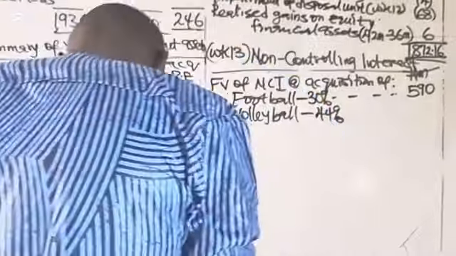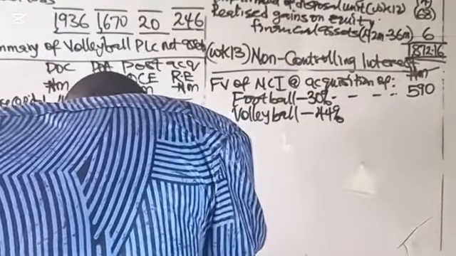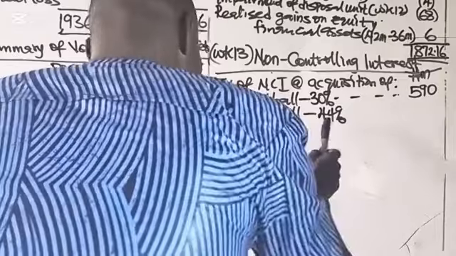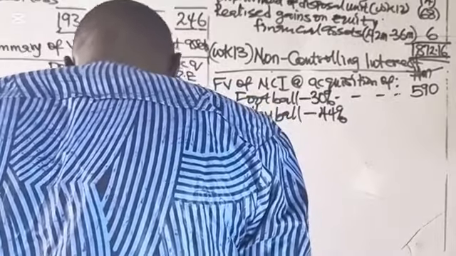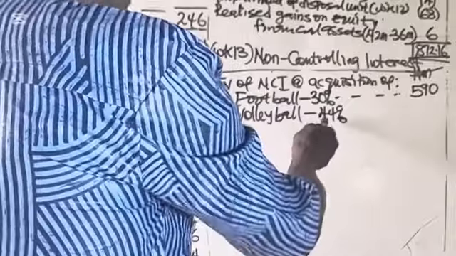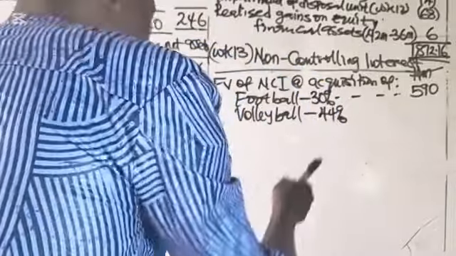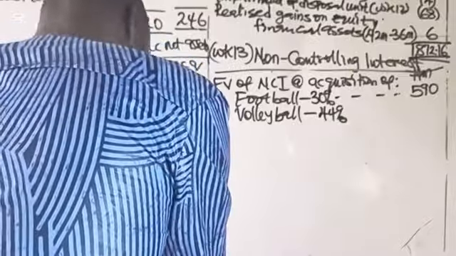Therefore, 44% was attributable to NCI. For cash consideration of 640 million naira, the fair value of 20% holding of the non-controlling interest was 144 million. The fair value of 20% holding will be ignored. It is not relevant.